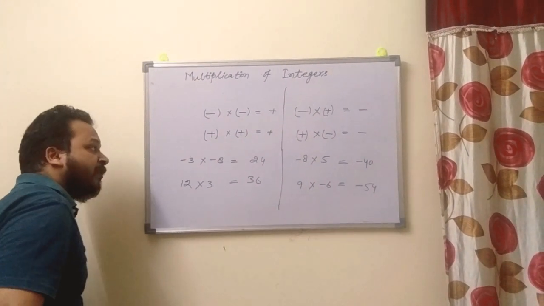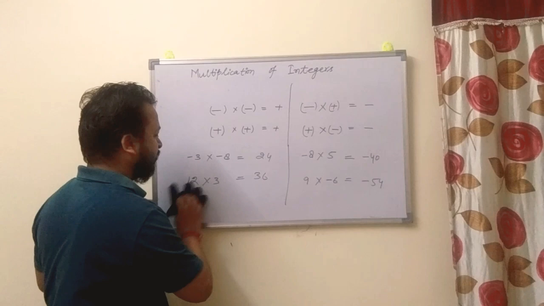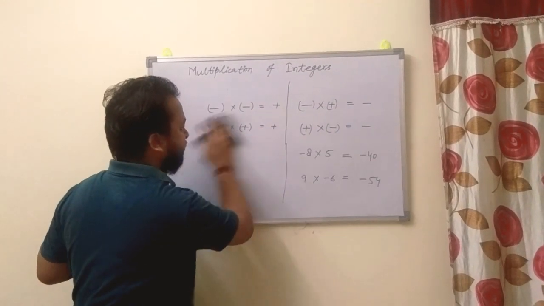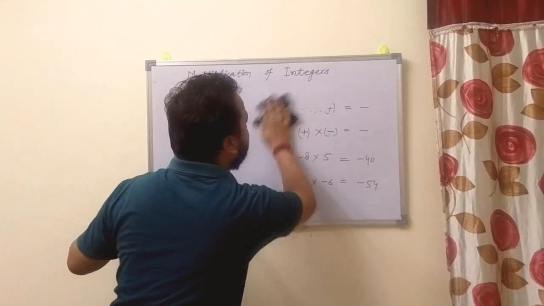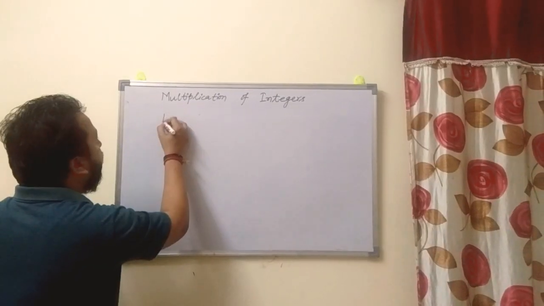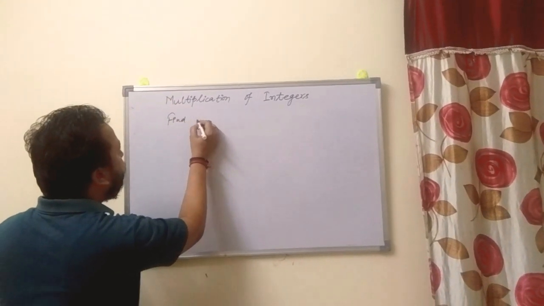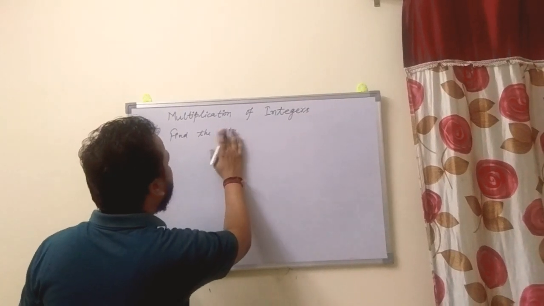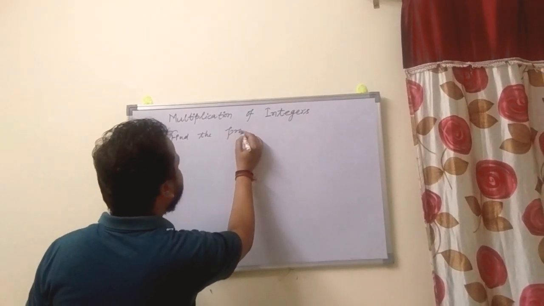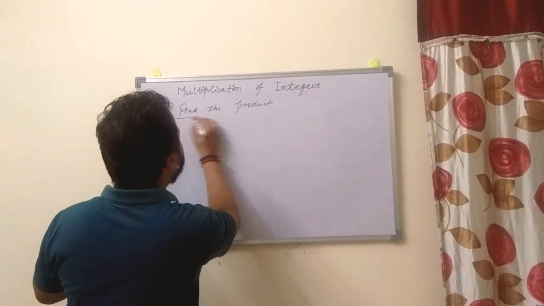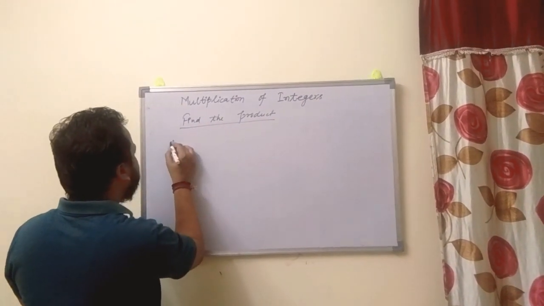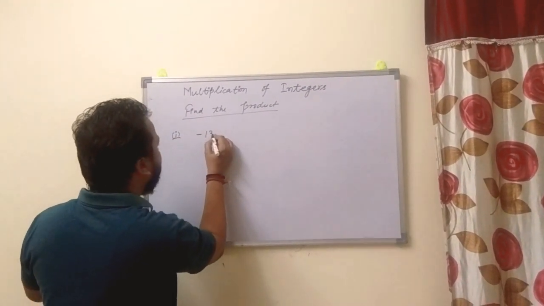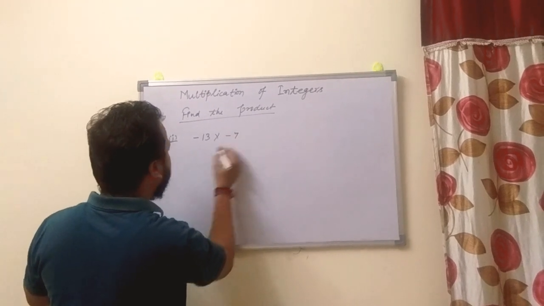Now I am going to give you some questions which you have to practice. Find the product. First is minus 13 multiplied by minus 7.